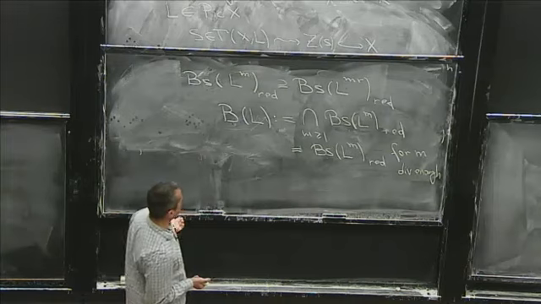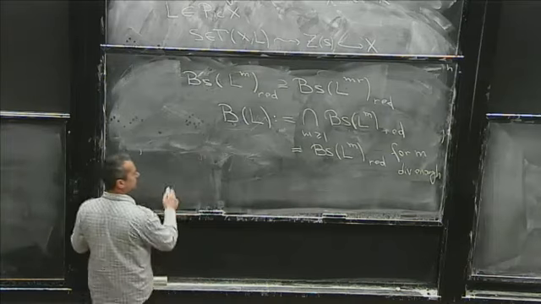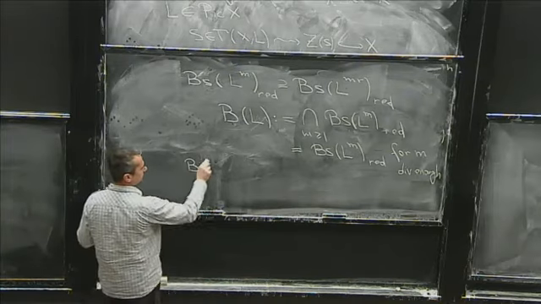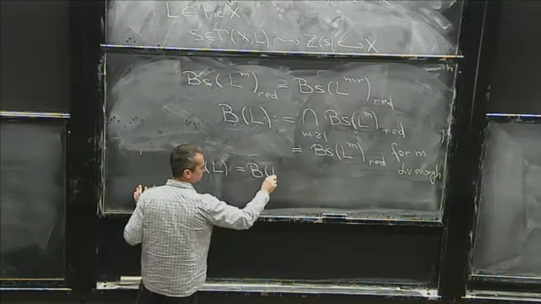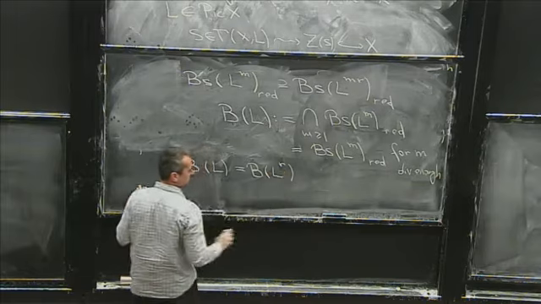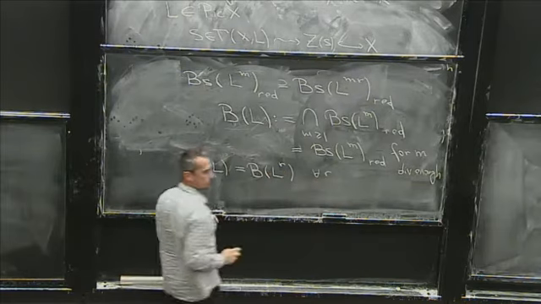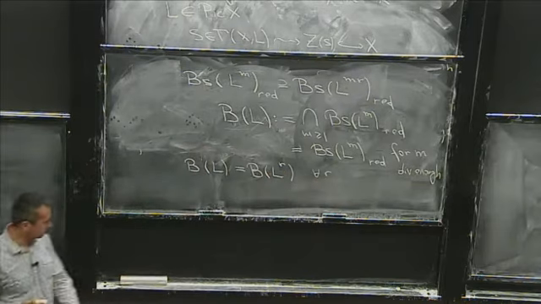On the other hand, by definition, what's clear is that B(L) is equal to B(rL) for every multiple r, because this really depends just on some very large multiple.